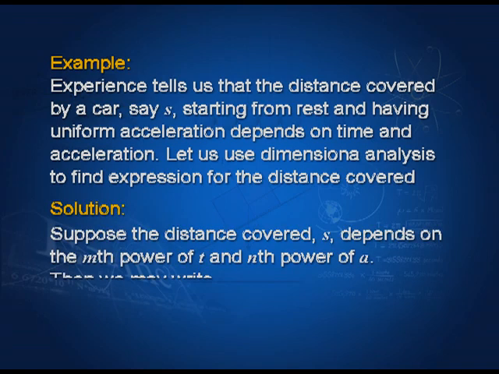Solution: suppose the distance covered s depends on the mth power of t and the nth power of a. Then we may write s proportional to t to the power m into a to the power n.